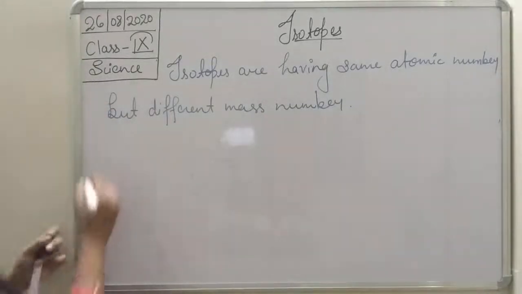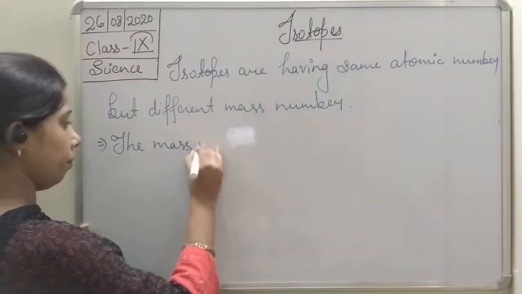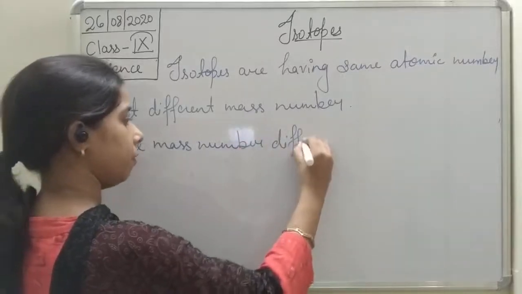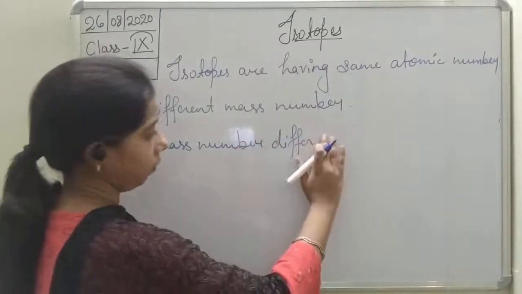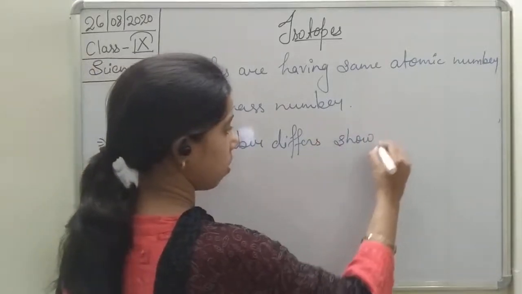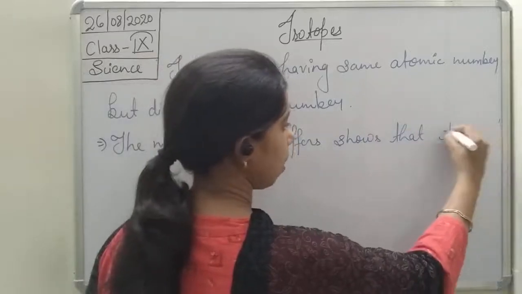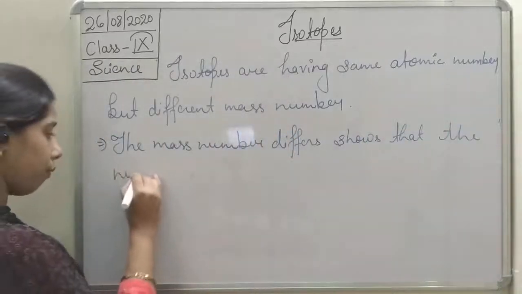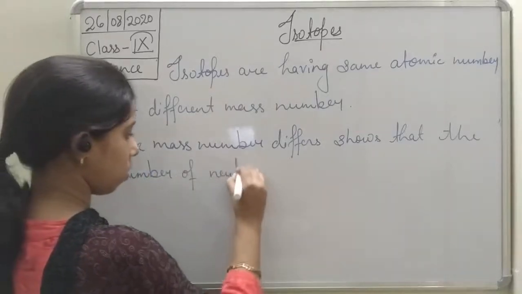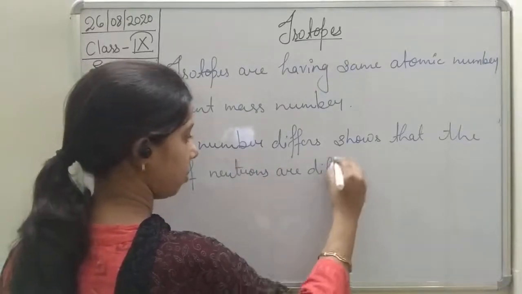The mass number differs, which shows that the number of neutrons are different.